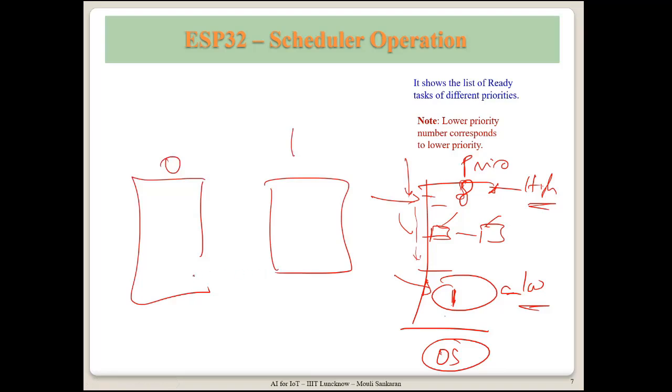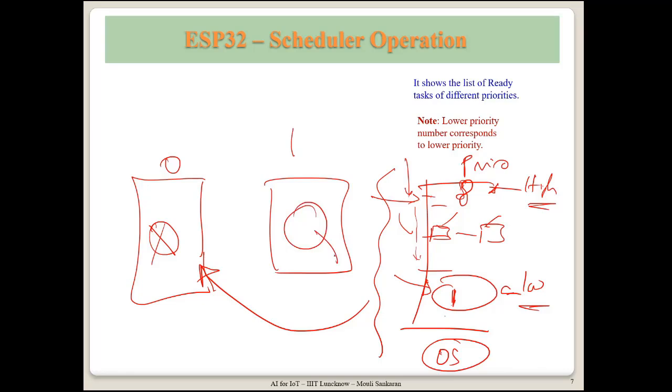If a task running here has ended and something has to be brought in, the scheduler is going to run to pick a task from this list for core 0. Similarly, if some task running here has ended, then the scheduler is going to run separately, picking up a task to run on this core.